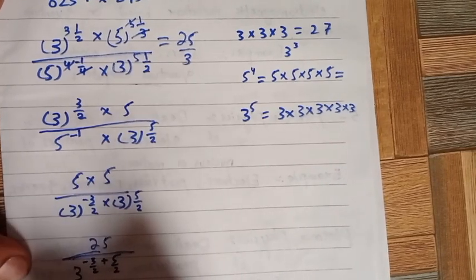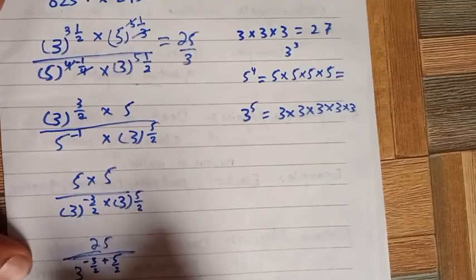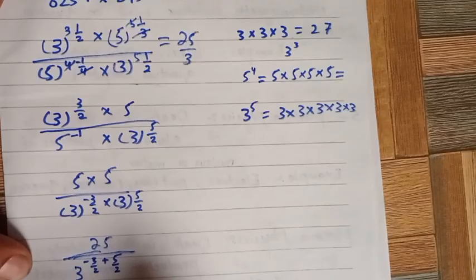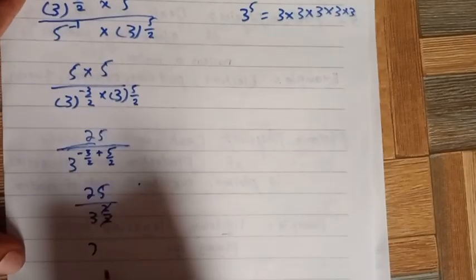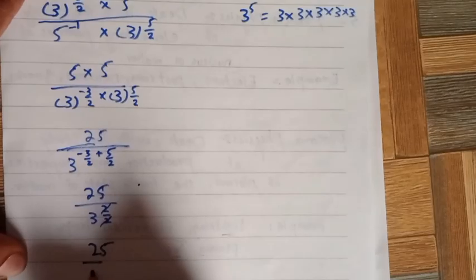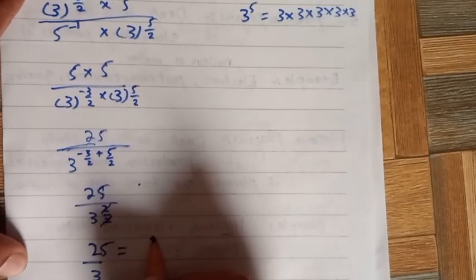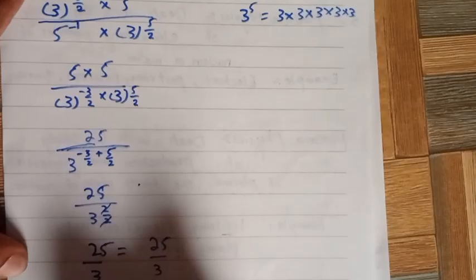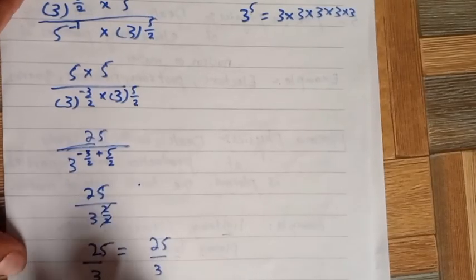So it will be 25 over 3 power 2 over 2. These will be cut, so what will remain? 25 over 3. Hence it is proved, 25 over 3. The right-hand side and left-hand side are both simplified and the same.